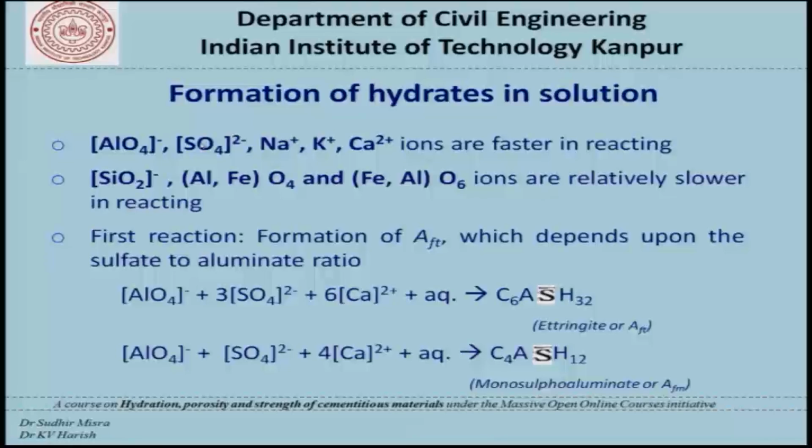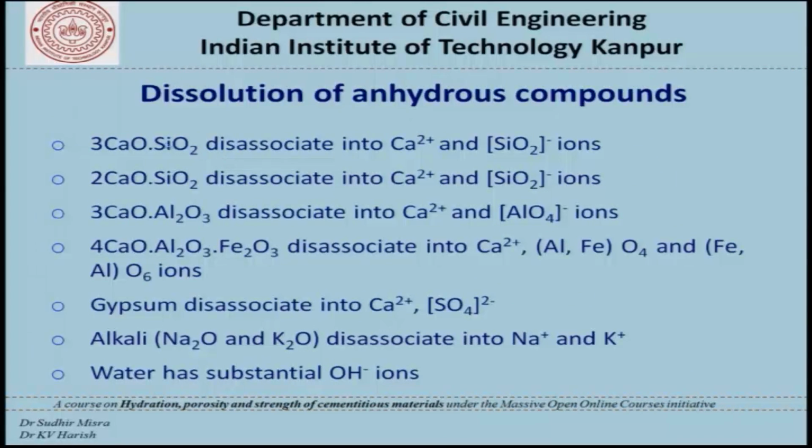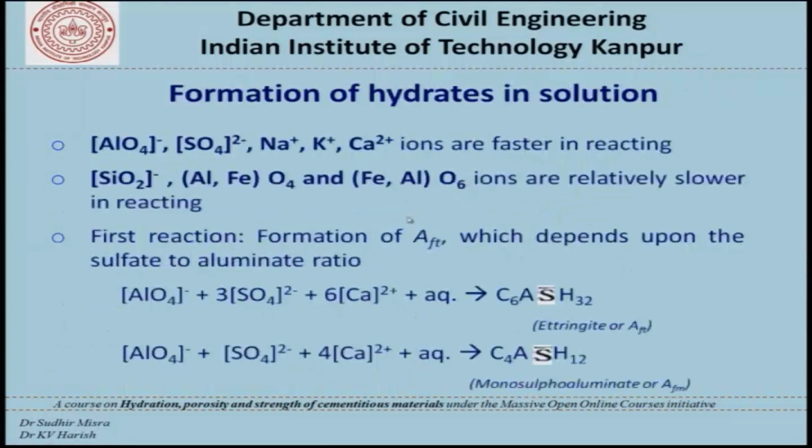Now, formation of hydrates in solution. Basically, what you have to know is that in the previous slide we have seen that the compounds dissociate into their respective ions, and we also have to know which ions are reactive and which ions are slower in reaction.